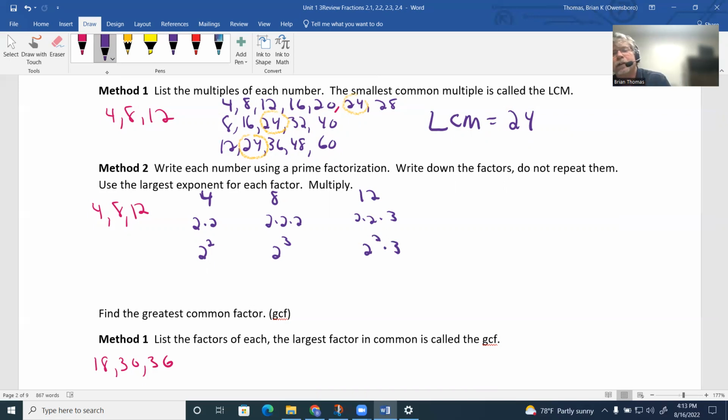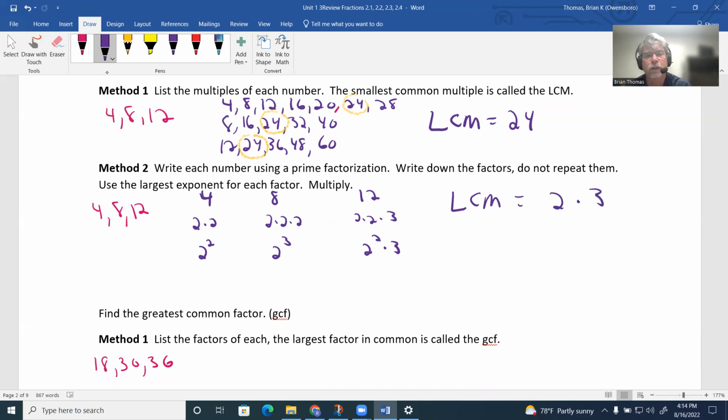So once we write down the factors, we don't want them to repeat here. What I'm seeing for the least common multiple, the factors I'm seeing, there's a 2 and there's a 3.